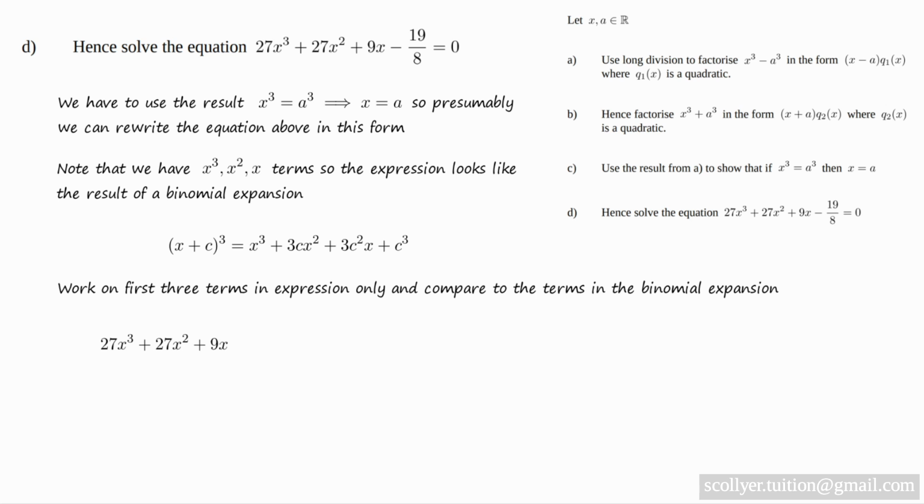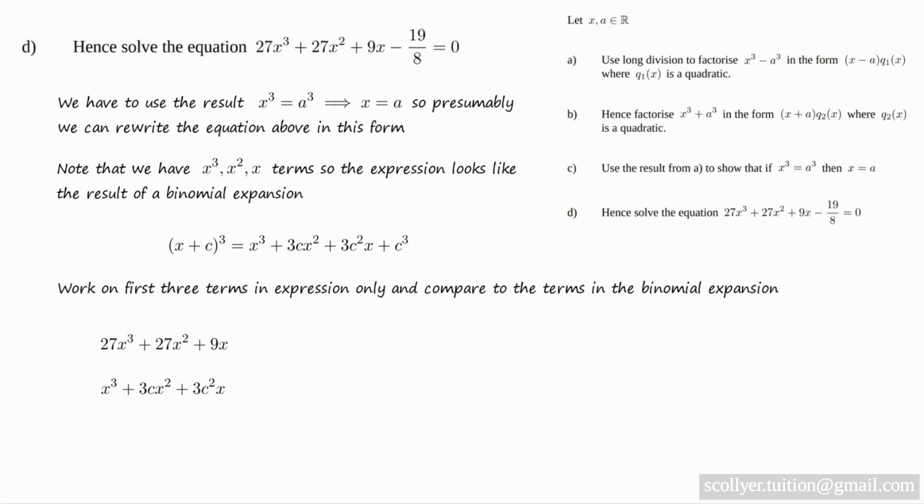So we want to compare 27x³ + 27x² + 9x to x³ + 3cx² + 3c²x. But we can see that we could never make those two expressions equal to each other because the leading coefficients differ. 27 in the case of the equation, 1 in the case of the binomial expansion.